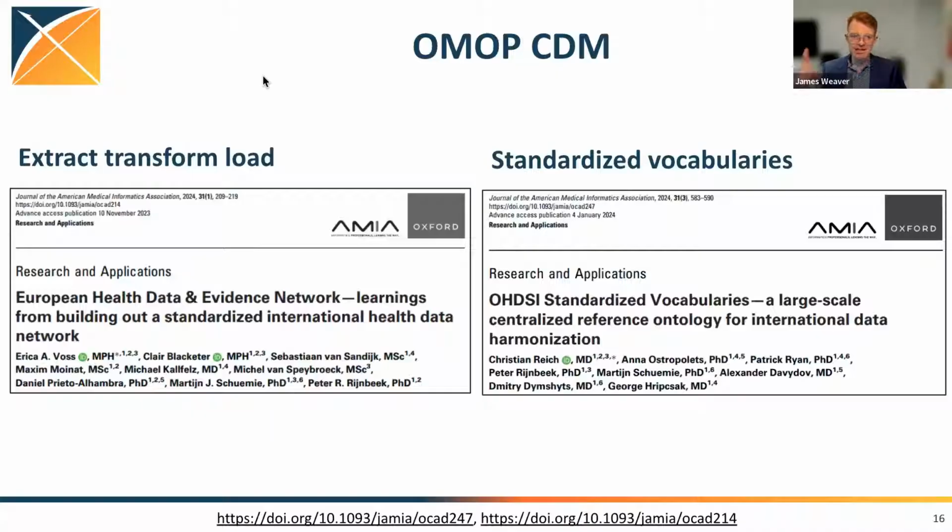It's about standardizing data structure, vocabularies, ETL conventions, data quality assessment, and standardized derived elements like phenotype definitions, which facilitate standardized analytics required for creating reliable evidence. The OHDSI community has produced lots and lots of scholarship evaluating the impact of vocabularies and the impact of ETL conventions on the reliability of the evidence generation process.